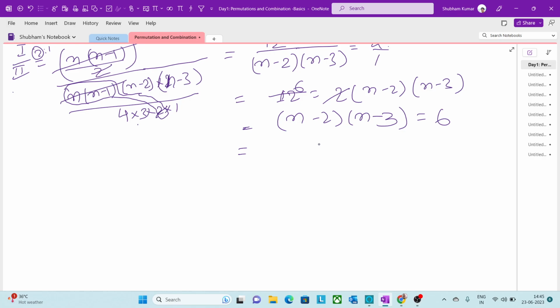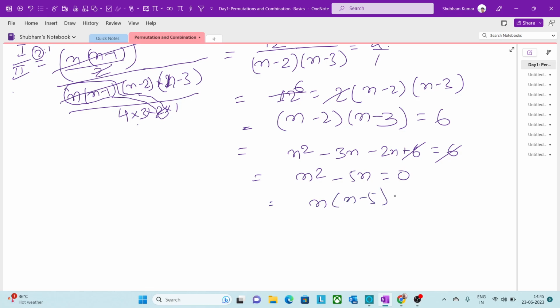So on solving this would give me n square minus 3n plus 2n plus 6, so 6 cancelled out, so n square minus 5n would be 0, n into n minus 5 is equal to 0. So this would ultimately give me two values of n. n is either 0 or n is 5.